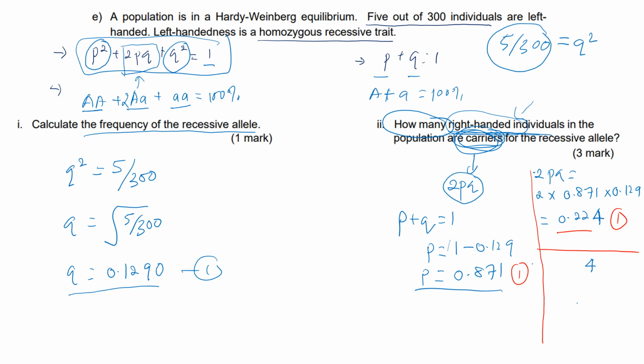So from the frequency that you got for the heterozygous, you just multiply with the total population, which is 300. So 0.221 times 300, so you will get 67 people who are heterozygous. They are carriers for the recessive trait, and are right-handed.